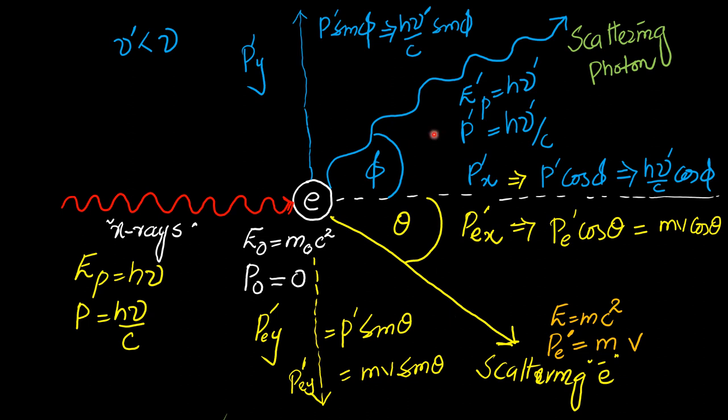So now write all these in the form of equations. Write the momentum and energy of the initial and the final scattered states. The initial energy of the photon, the X-ray photon, is equal to h into nu, whereas the final energy of the photon, represented by E P prime, will be equal to h into nu dash.